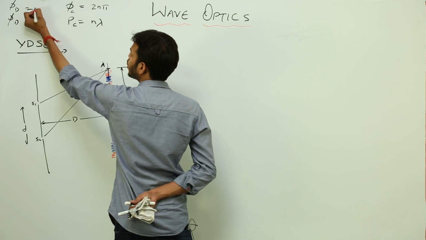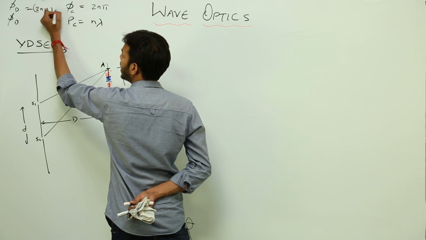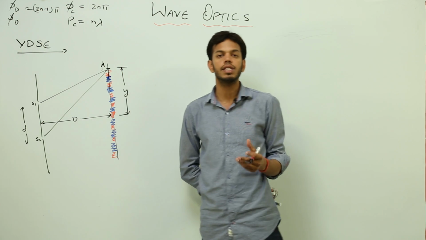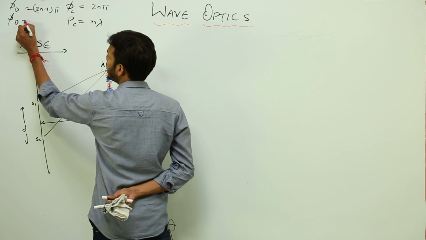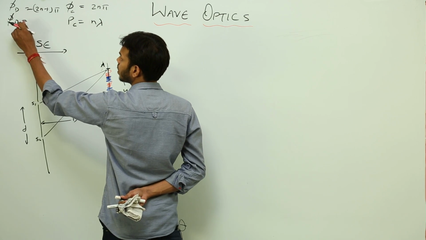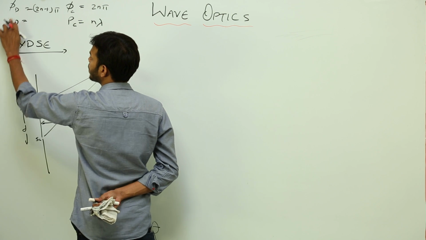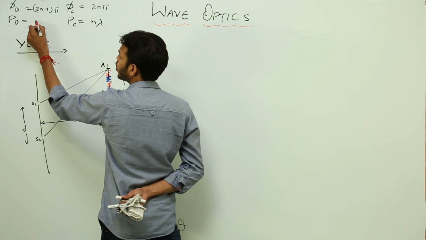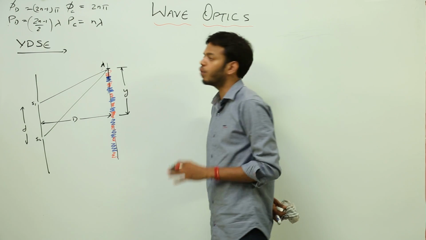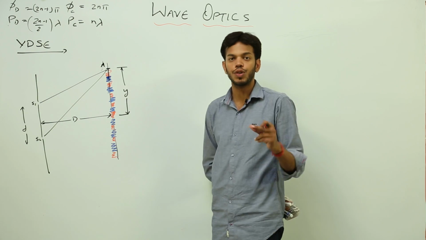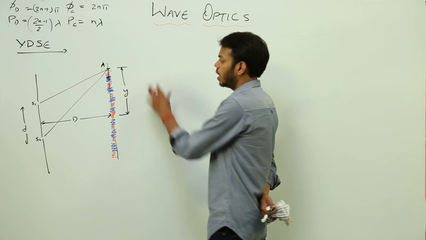The phase difference phi was equal to (2n minus 1) pi, because for all those angles where cos phi was minimum: pi, 3 pi, 5 pi, 7 pi. Similarly, the path difference was equal to (2n minus 1) by 2 times lambda. These were the four conditions which we derived in the last derivation, right? Now let's proceed.